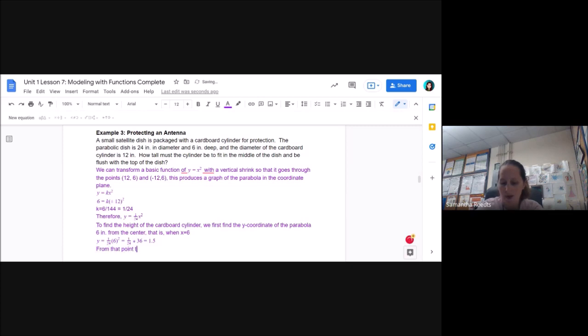From that point to the top of the dish is 6 minus 1.5, or 4.5 inches. Remember, the dish is only 6 inches deep, and the diameter of the cardboard is 12 inches.